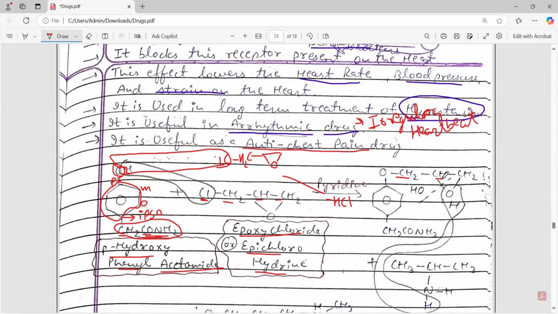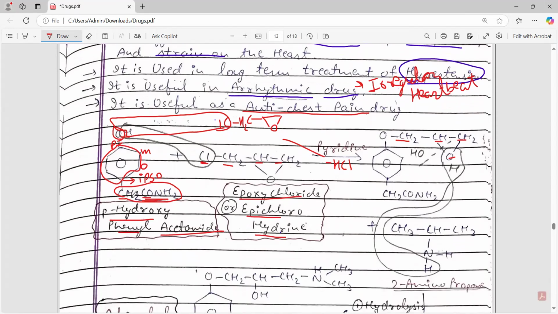The CH2 CONH2 acetamide remains as it is.